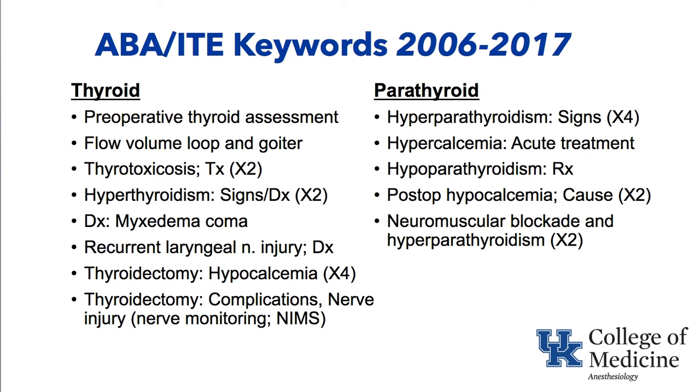And under parathyroid, you can see hyperparathyroidism, some of the signs of it, hypoparathyroidism, treatment of it, and some postoperative causes such as injury to the parathyroid gland during thyroid surgery, for example, and the antagonism of neuromuscular blockade that occurs when you are hypercalcemic with hyperparathyroidism.